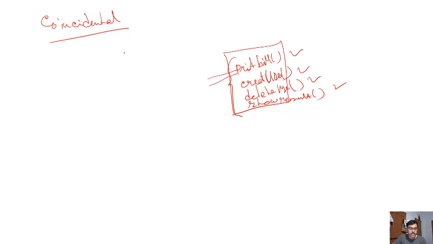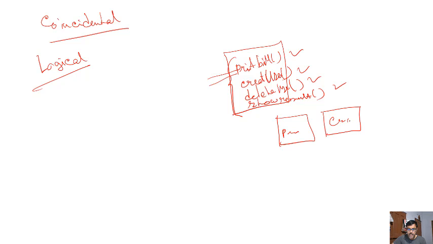And the second one is logical cohesion. A module is said to be logically cohesive if all the elements of the module perform similar operations, such as error handling, data input, data output, etc. So we can use one module for print bill, one module for create user, one module to delete user, and one module to show or display items.